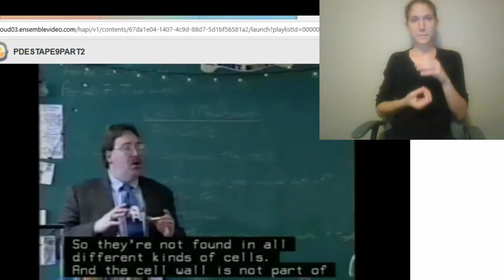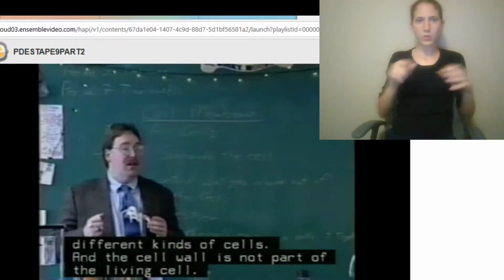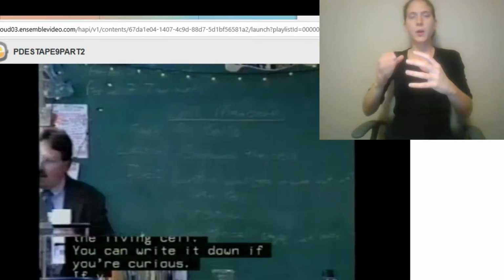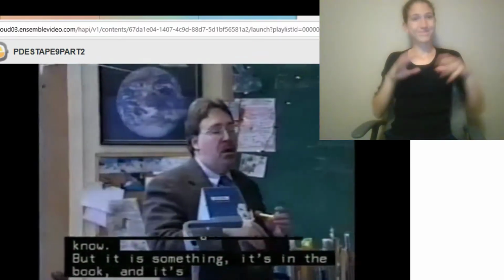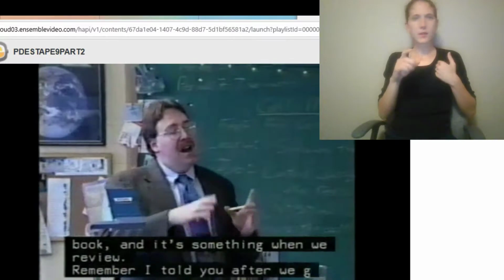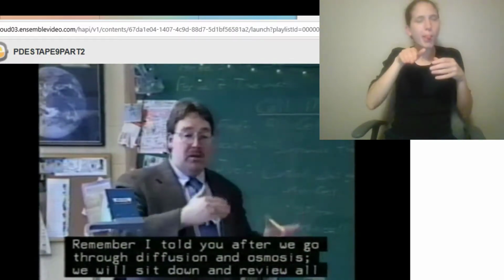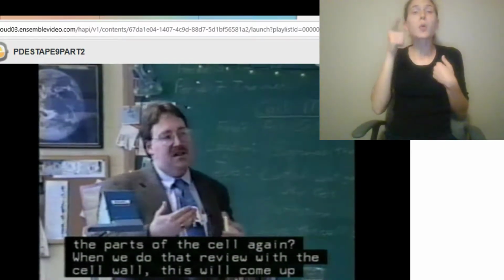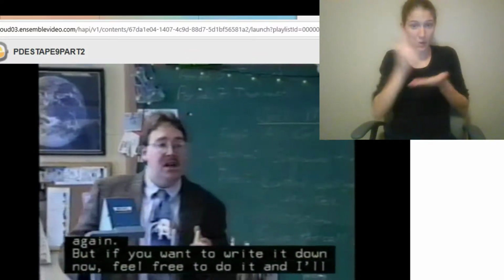And the cell wall is not part of the living cell. You can write it down if you're curious, because it is a good fact to know. It's in the book, and it's something we'll cover when we review. Remember I told you, after we go through diffusion and osmosis, we will sit down and review all the parts of the cell again. When we do that review with the cell wall, this will come up again. But if you want to write it down now, feel free to do it, and I'll repeat.